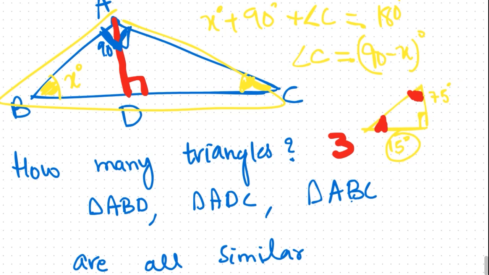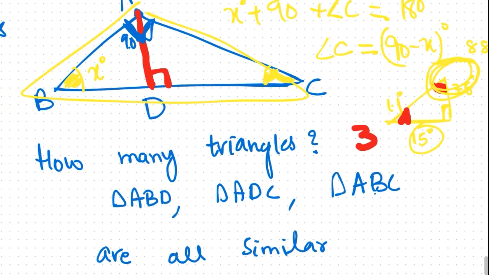The theory is that the sum of acute angles in a right triangle adds up to 90 degrees. If this is 1.1 degrees, the top one will be 88.9. This is the trick.